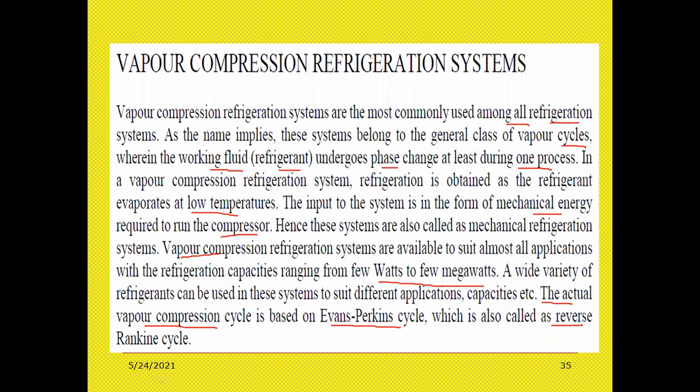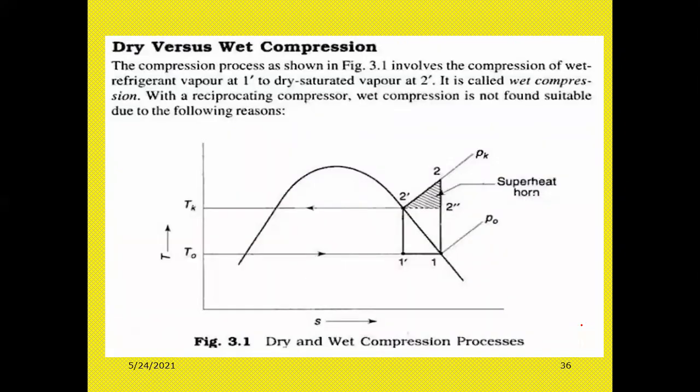Next. If you see the compression type, we have two types of compression systems in mechanical refrigeration. One is the dry type of refrigeration system, and the other is the wet type of refrigeration system. Got it? Dry type and wet type.